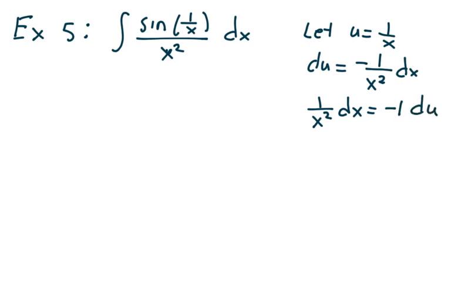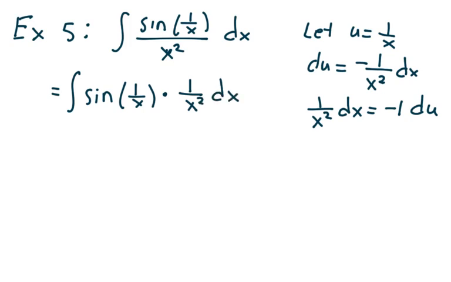Now, let me rewrite it like this. Maybe that'll help us to see it. I get sine of 1 over x times 1 over x squared dx. Because now you can see, right here, that's my u.